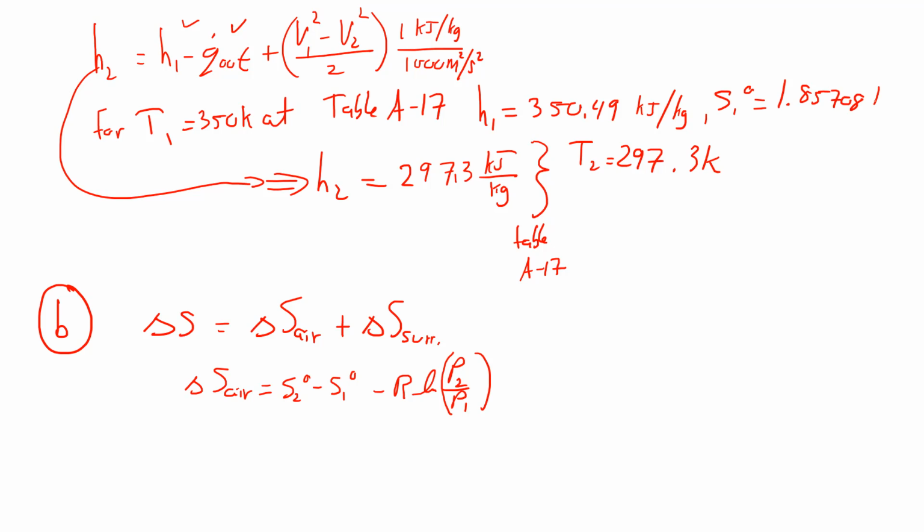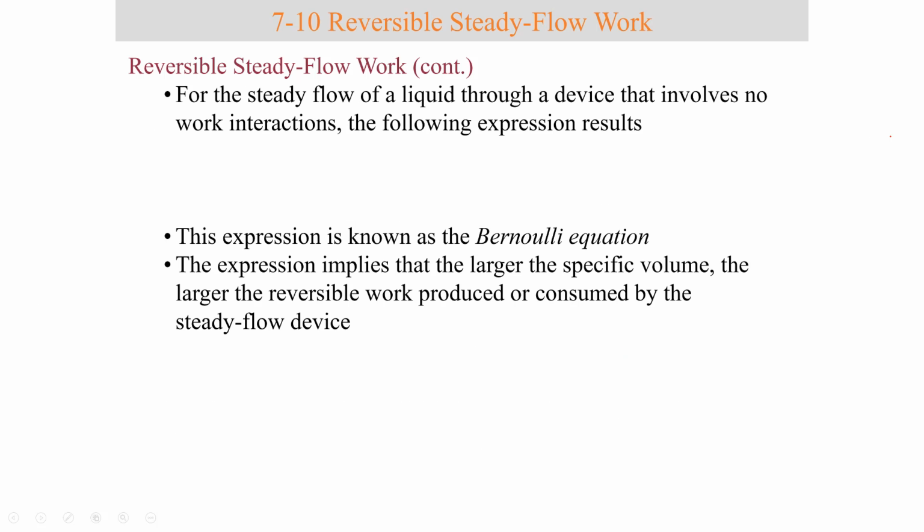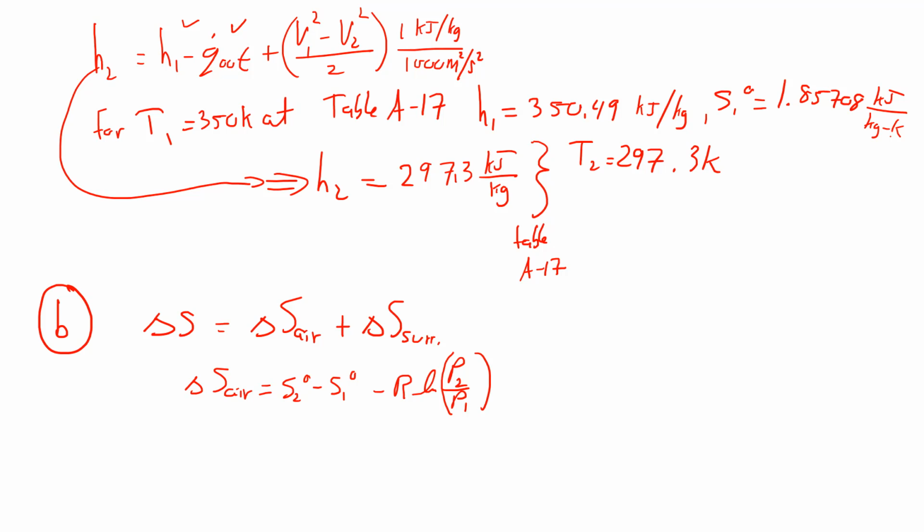And again, that is kilojoules per kilogram Kelvin. You would find that for S2, it would be 1.6924 kilojoules per kilogram Kelvin.